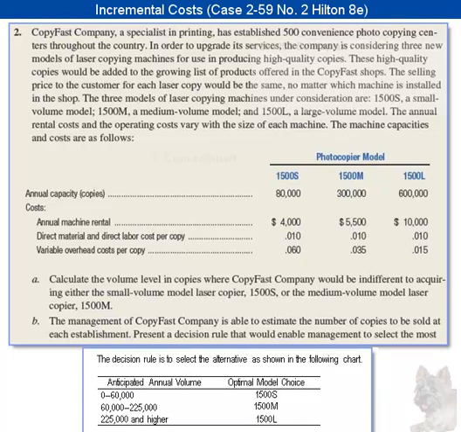Okay, now I've put the decision rule on the bottom of the screen there so you can see it. And it's really fairly simple, though I think thinking about this problem can be a challenge. Once we've gone through the work that we did previously on Part A, the decision rule we would use is if a store is anticipating 0 to 60,000 of annual volume, it makes the most sense to buy the small unit, the 1500S.